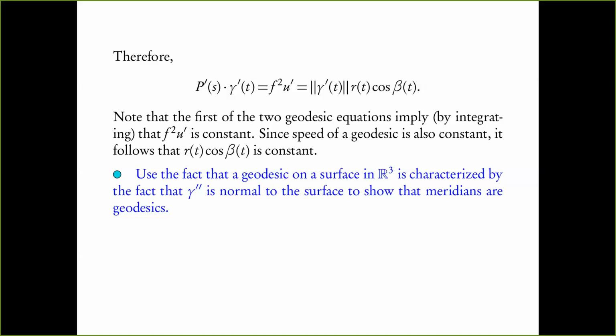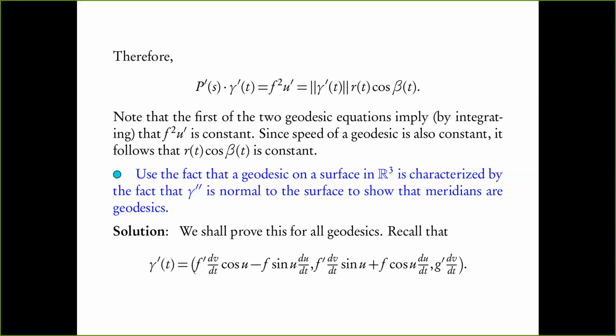Meridians, remember, are specific curves where u is fixed, so it looks like f of vt cosine u0, f of vt sine u0, and g of vt. Instead of proving it for meridians, we'll prove this for all geodesics because the proof is only slightly more complicated. If you do it for meridians, it will be less work, but there's nothing specific about meridians here.